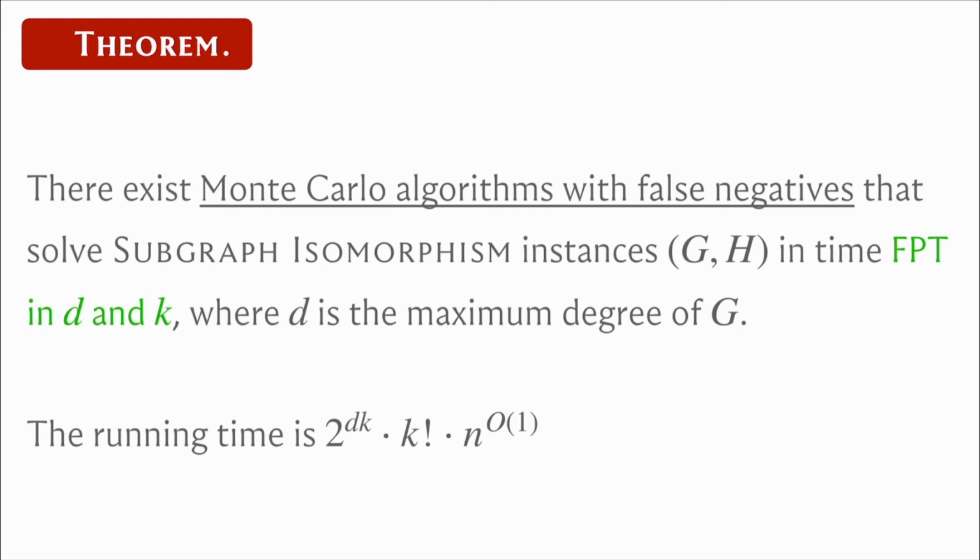But even if you don't remember the specific form, your major takeaway from here is that the running time is FPT in the combined parameter d and k, where once again d is the maximum degree of the host graph G. Also, for reasons that are unknown to us right now but that we can take as a given, let's also just remember that we do not expect subgraph isomorphism to be FPT parameterized by k alone, where k is the size of the pattern graph.